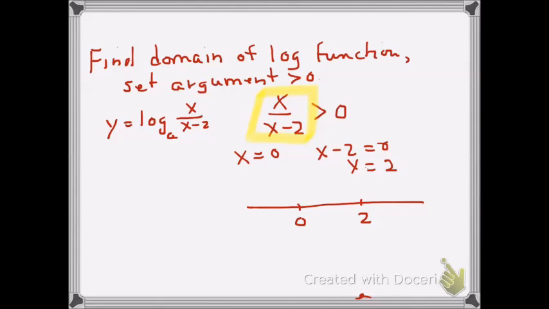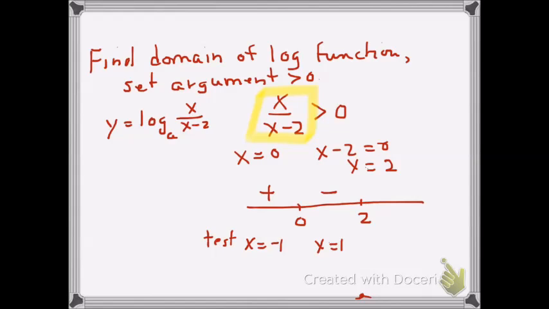So we'll test any number in the first interval, say x equal negative 1. Negative 1 over negative 3 would be positive. We put in, say, x equal 1, that would be in the second interval. That would be positive over negative, which would give us a negative result.